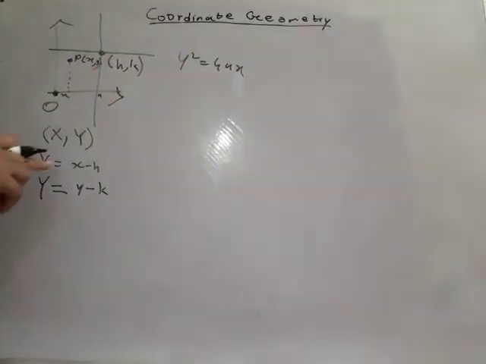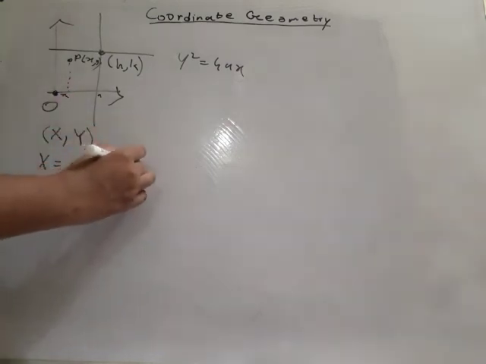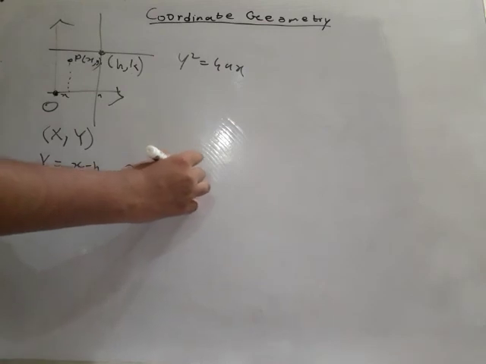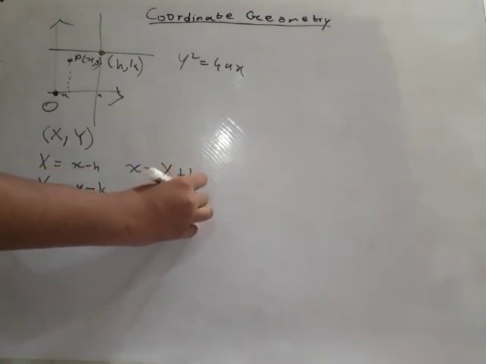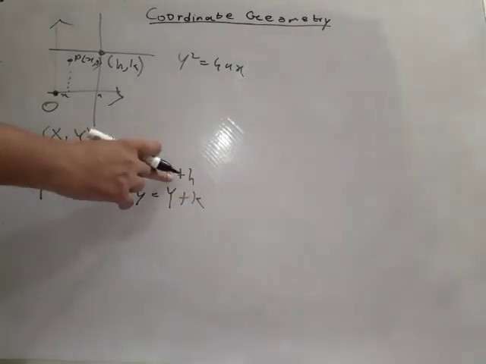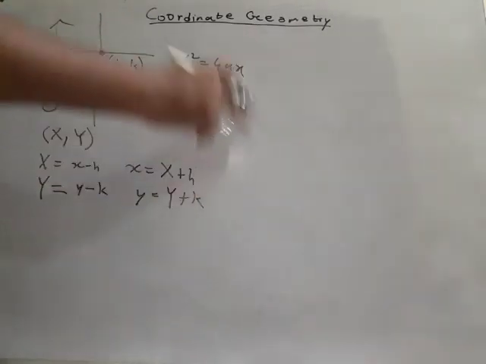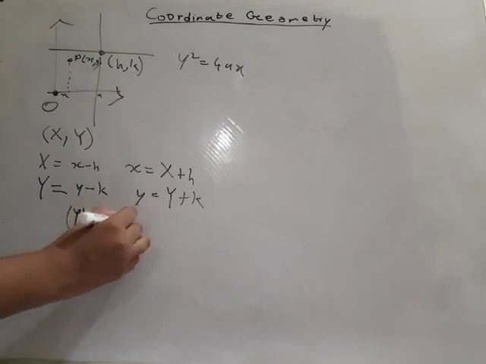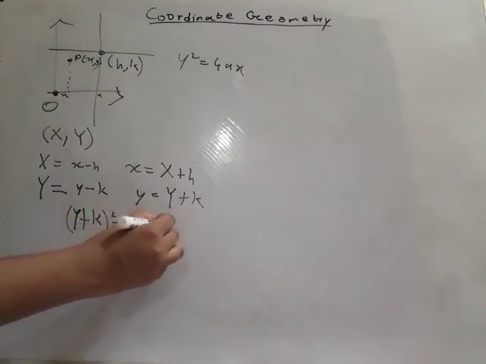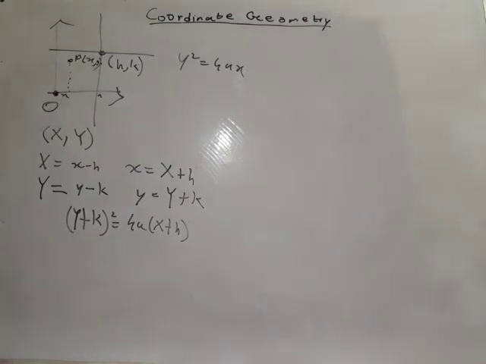So you have to understand that the new coordinate equals old coordinate minus h. So the old coordinate x was capital X plus h and y was capital Y plus k. So you have to put X plus h in place of small x and Y plus k in place of small y. So what happens? Y plus k whole square equals 4a into capital X plus h. This is the new equation.